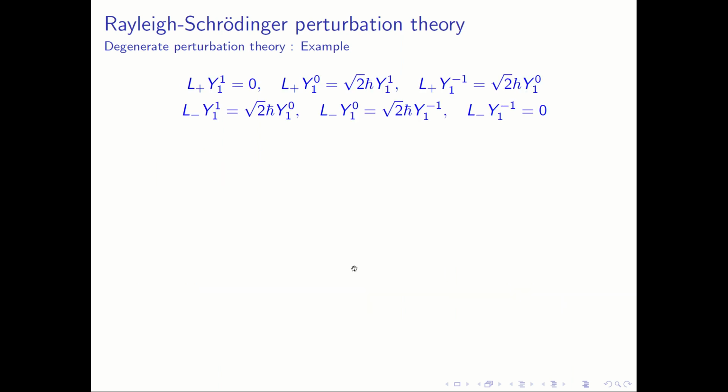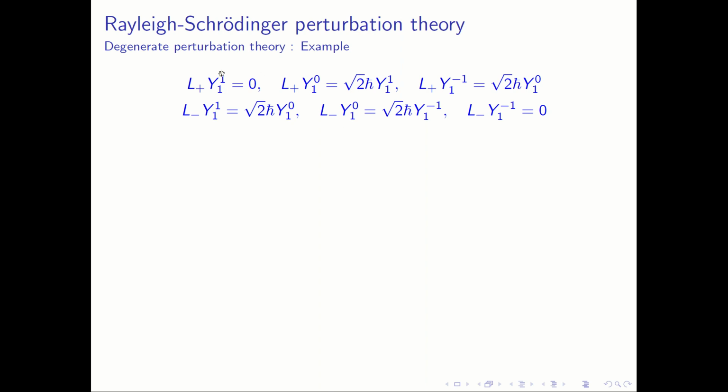Well, in order to figure that out, we need some basic results, which is what do L plus, L minus and L0 do to, after all, what L0 does to Y_LM is pretty simple. It just gives you m_l h bar times Y_LM. What L plus does to these states and what L minus does to these three states is also pretty straightforward. You already know that from the theory of angular momentum.